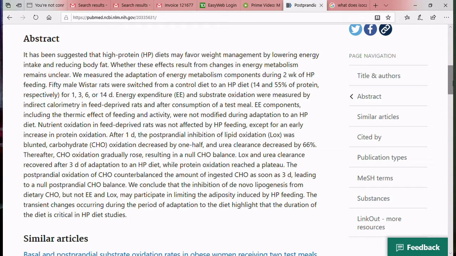The postprandial oxidation of carbohydrate counterbalanced the amount of ingested carbohydrates as soon as 3 days, leading to a null postprandial carbohydrate balance. We conclude that the inhibition of de novo lipogenesis from dietary carbohydrate, but not energy expenditure and lipid oxidation, may participate in limiting the adiposity induced by high-protein feeding. The transient changes occurring during the period of adaptation to the diet highlight that the duration of the diet is critical in high-protein diet studies.